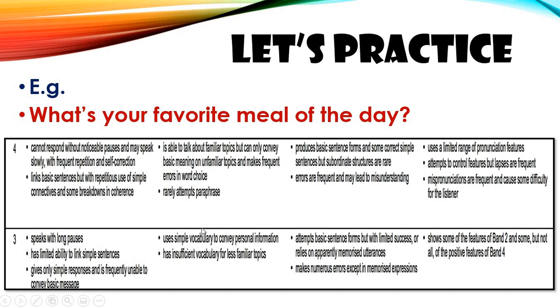Okay, basic meaning. Here, uses simple vocabulary to convey personal information, or insufficient vocabulary, produces basic sentence forms and some correct simple sentences, but subordinate structures are rare. So using conjunctions or subordinating conjunctions, right?